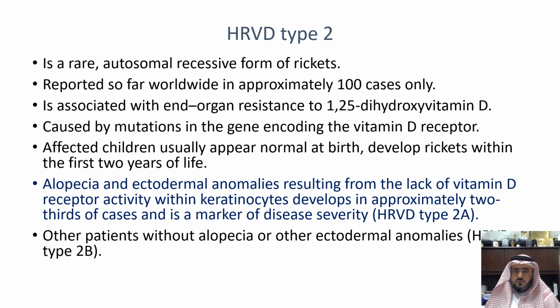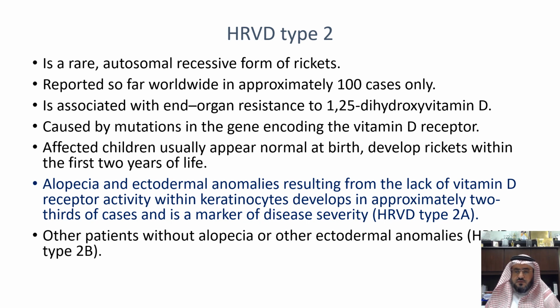It is associated with end organ resistance to 1,25-dihydroxyvitamin D because of gene mutation of the vitamin D receptor. Affected children are normal at birth, and they develop signs of rickets in the first year or two of life, an early presentation of rickets.